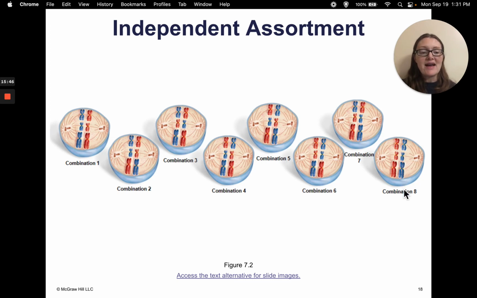Now you can imagine with 46 chromosomes, the amount of possibility during independent assortment is amazing. It's very random how they line up on this metaphase plate and which side they fall on.